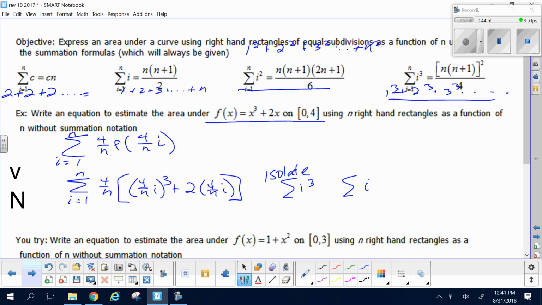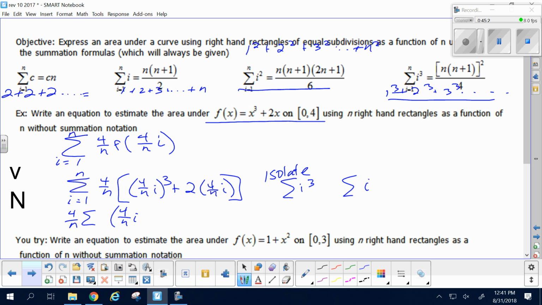Before I can use those formulas, though, I really have to isolate those. Now, this goes to, there's rules for integrals, there's rules for derivatives, there's rules for summation. First, I can take a 4 over n out, because that's not involved in the i counter. It's a common factor, I can pull it out, no problem.